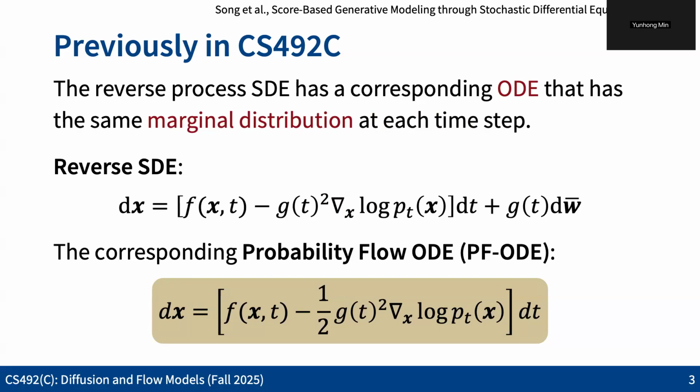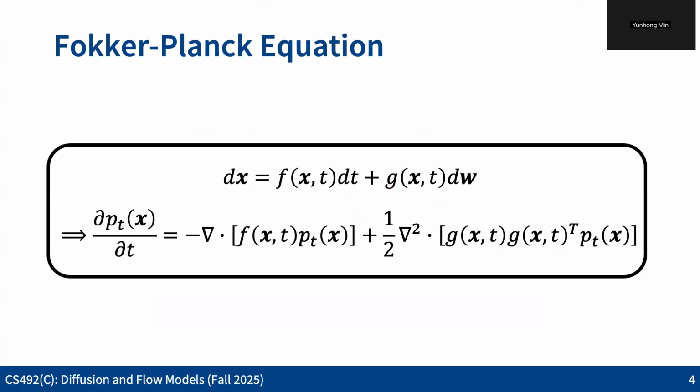But at a very high level, to derive those things, we need to start by discussing this formulation first. This is the very basic formulation, called the Fokker-Planck equation, which shows the relationship between the SDE formulation and the probability of the intermediate data point x_t.